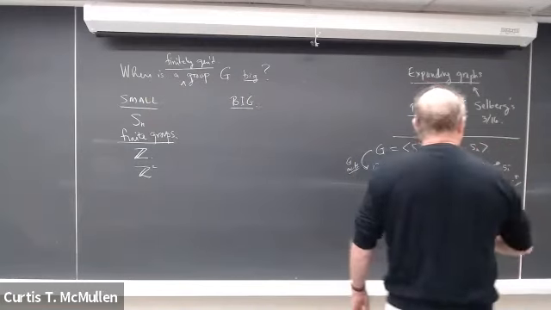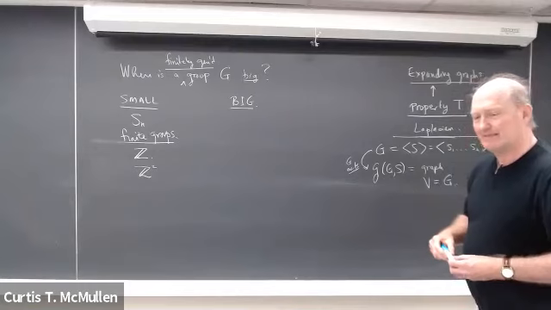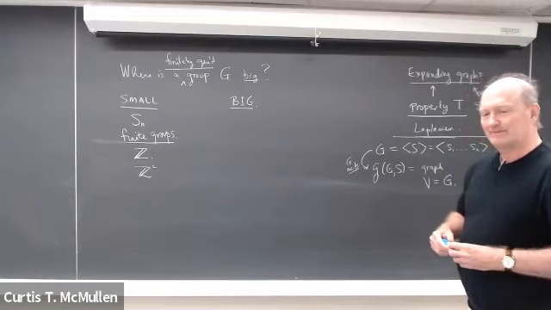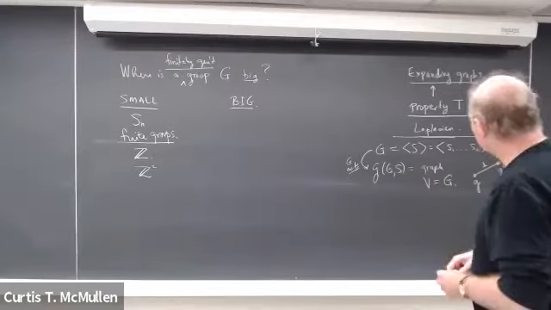And the distance of a group element from the identity is what in this metric? Somebody other than Catherine want to say? Is it the smallest number of generators you need to get to the element? That's right.